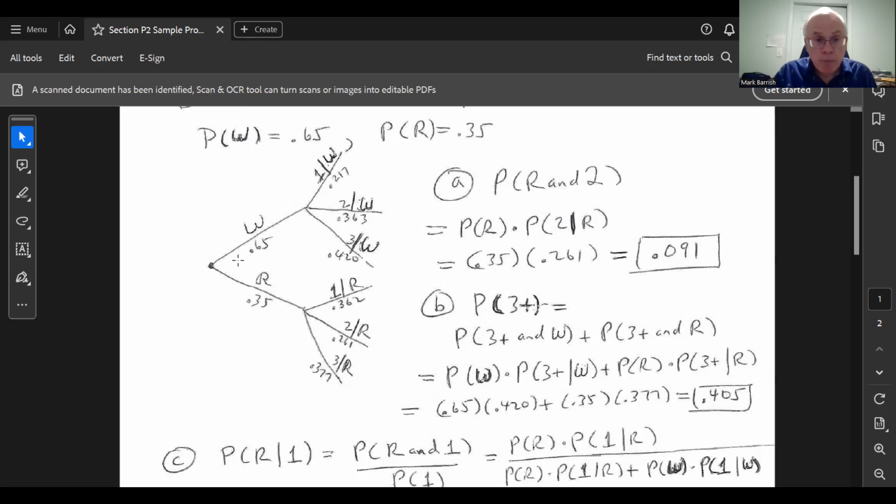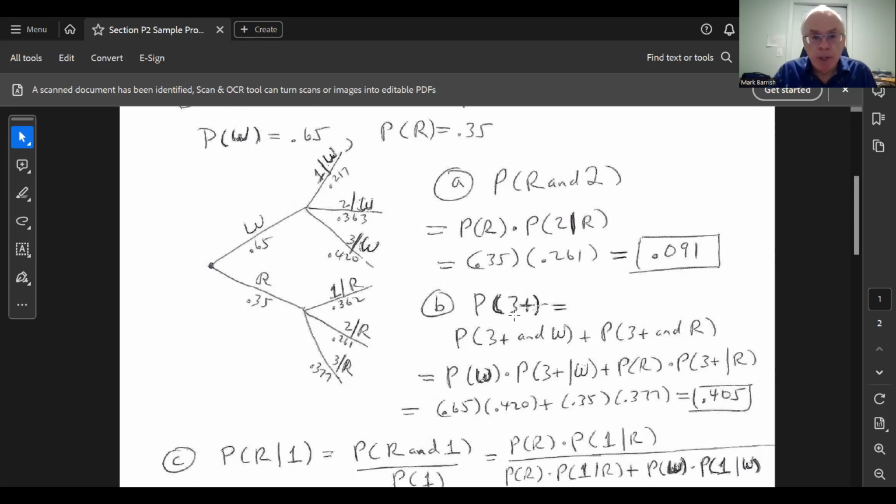3 plus would be, well, 3 plus is over here, and it's also over here, and you have to multiply these 2 numbers. So the result of 0.65 times 0.42, plus 0.35 times 0.37, the sum of those 2 would be the answer to B. All right, so if you decide to use a tree diagram, you may not even need to use the formulas here if you know what the tree is representing.